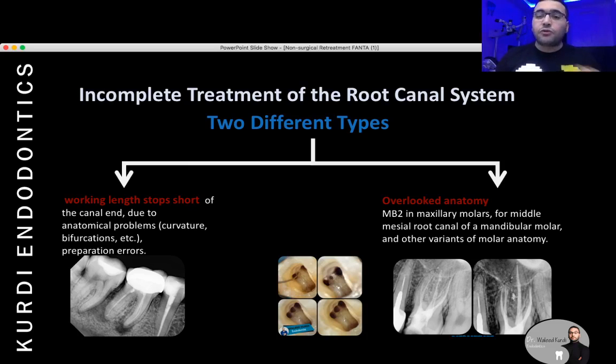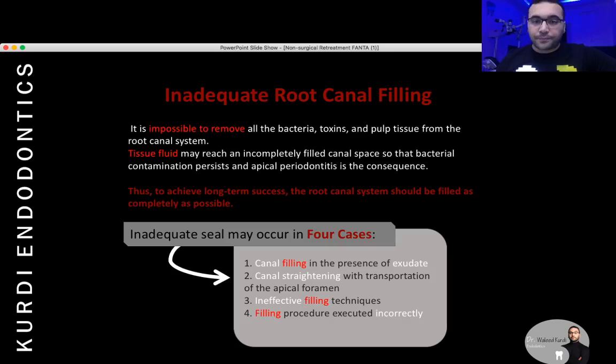Now, the incomplete treatment of a root canal system is divided into two different types. First, when the working length stops shorter than the right working length of the tooth, as you can see in the left picture in the slide. The other factor is overlooked anatomy, such as a missed middle mesial canal, or even a missed MB2.